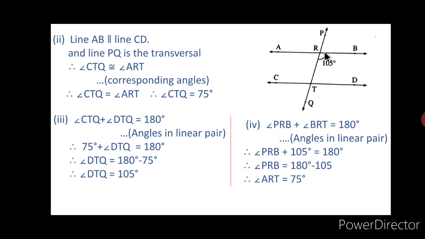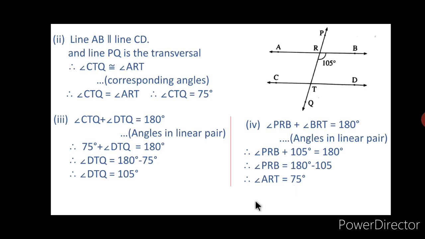Angle PRB plus 105 degree is equal to 180 degree. Angle PRB is equal to 180 degree minus 105 degree. Therefore, here we get the angle PRB as 75 degree.